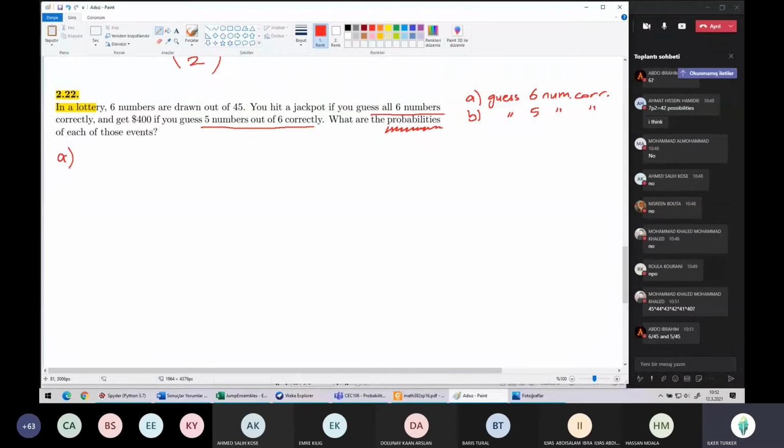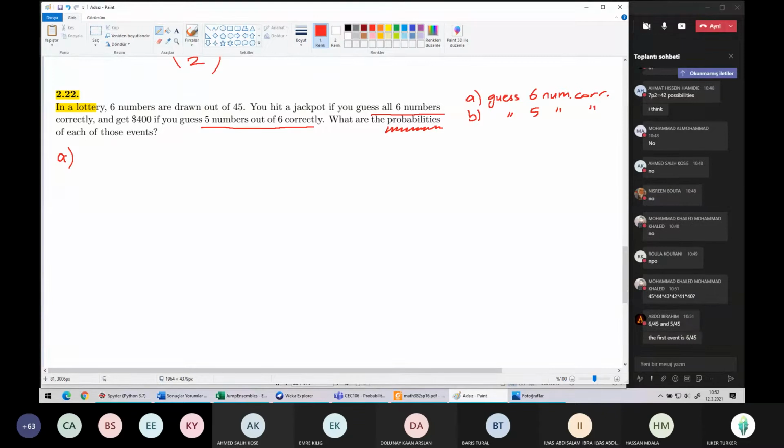Let's check it while solving. Yes, any other suggestions? Oh, you mean 6 over 45? No, not so simple. Yes, any suggestions?